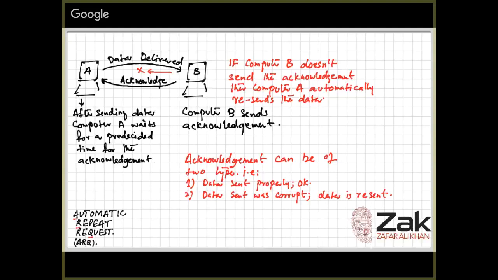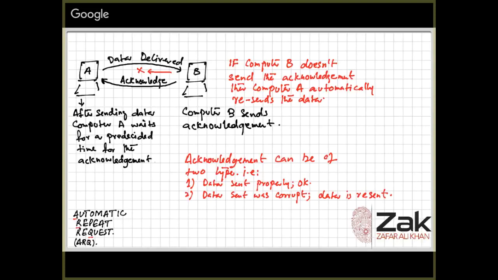All right. If computer B sends the data back, there are two possibilities. Either because of parity or checksum, it says that the data received is not correct, so resend it, or it says that the data is received perfectly. So there are three things. Computer A sends data, computer B acknowledges okay.